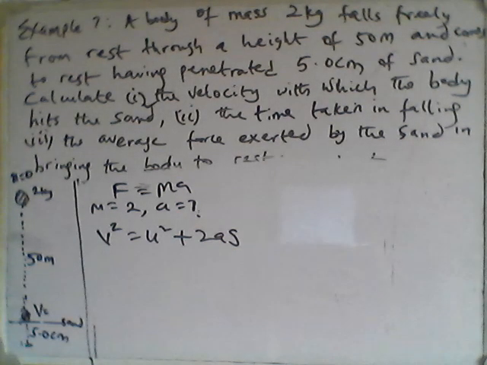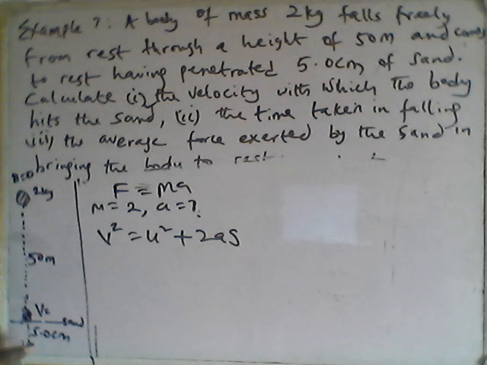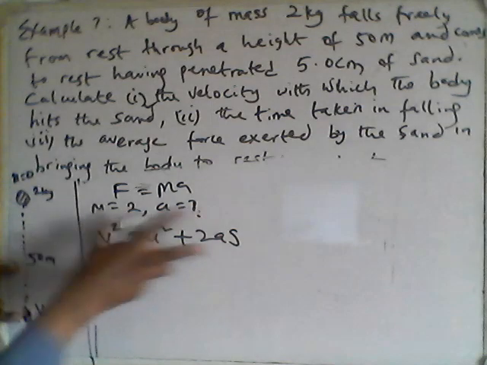All right, now let's analyze this. The initial velocity at this point, between here and here, is actually the final velocity when this body left here and came here. So we're looking at another instance now.